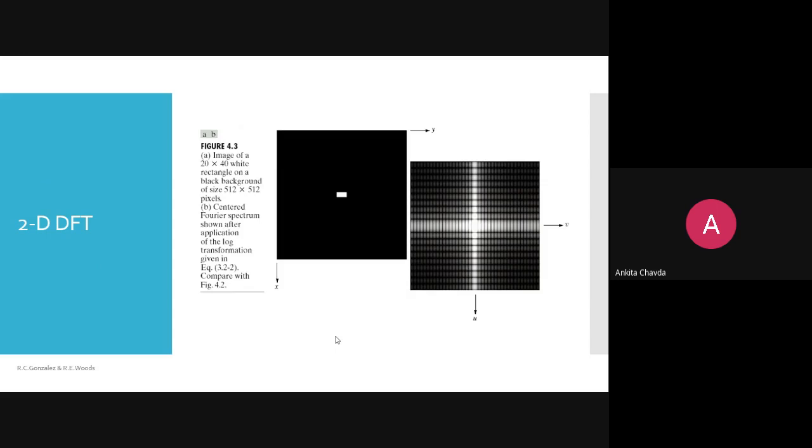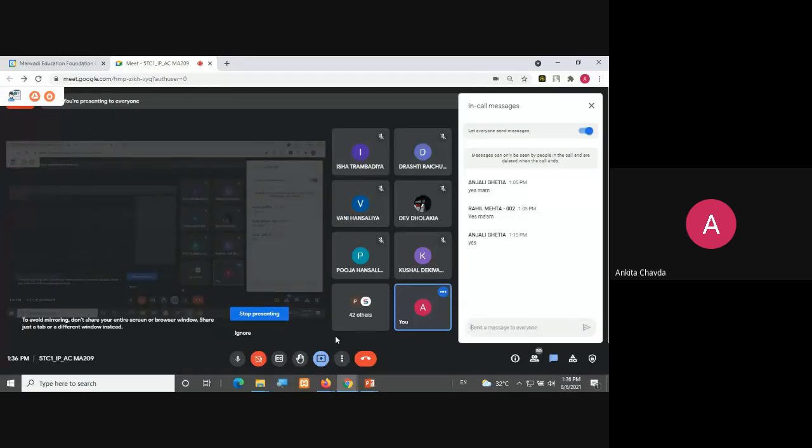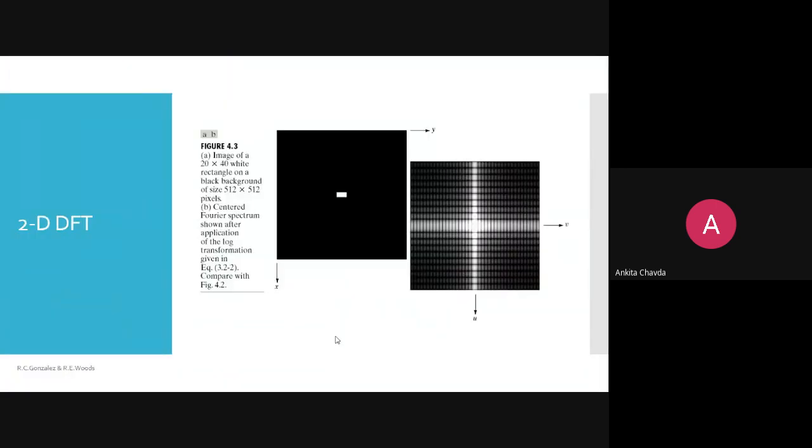What is this? This is an image of a 20 by 40 white rectangle on a black background, and the total image size is 512 by 512 pixels.